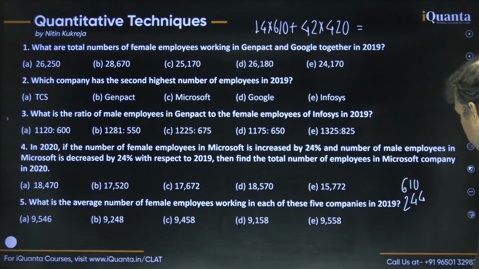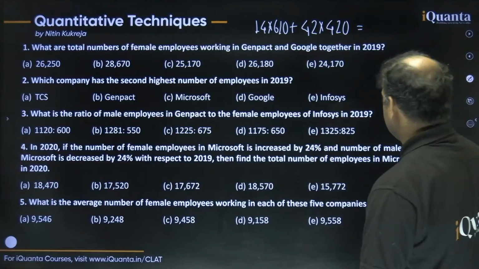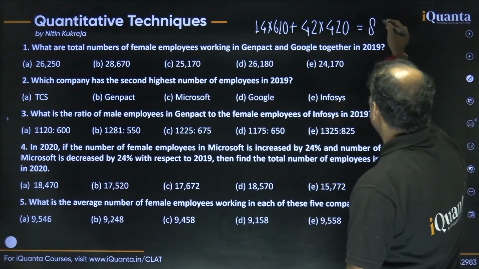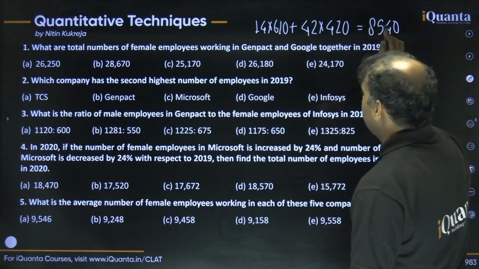We can say 854, and one more 0. So this is 14 into 610.